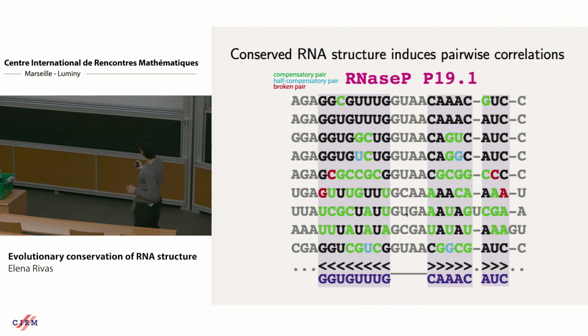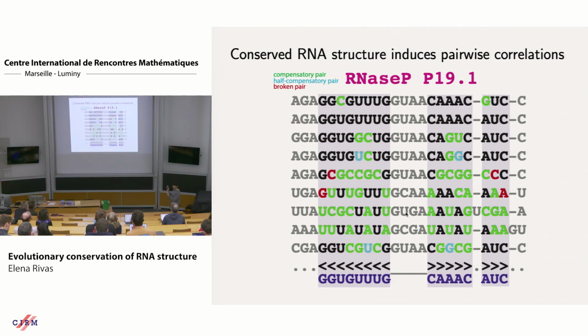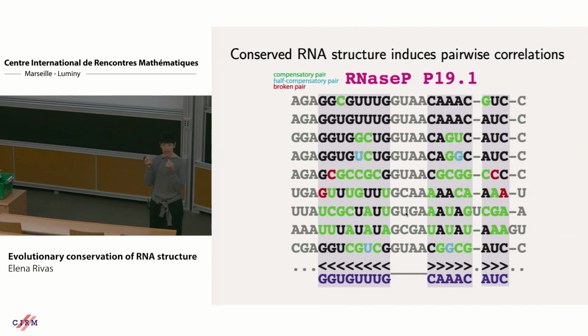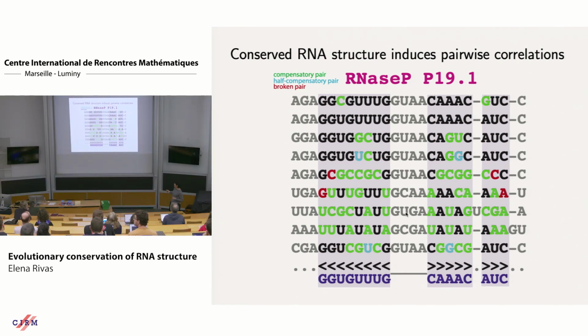What you observe, here are the base pairs, is that for each of the base pairs, you observe a pattern of variation that preserves the base pair. I have color-coded in green the two positions when they have changed with respect to the majority. For instance, this one is a GC, here it has changed to UA, and here it has changed to an AU.